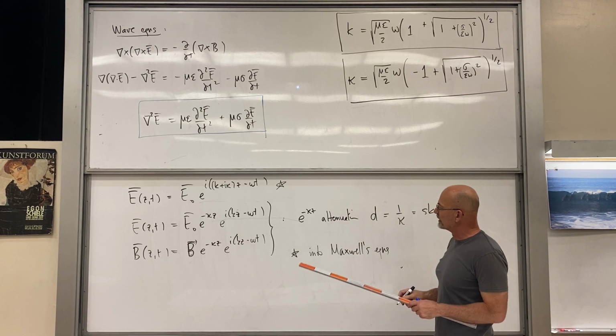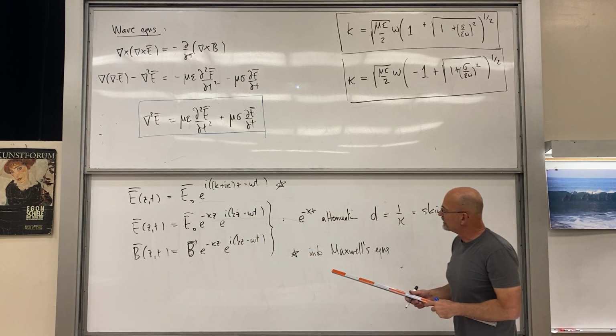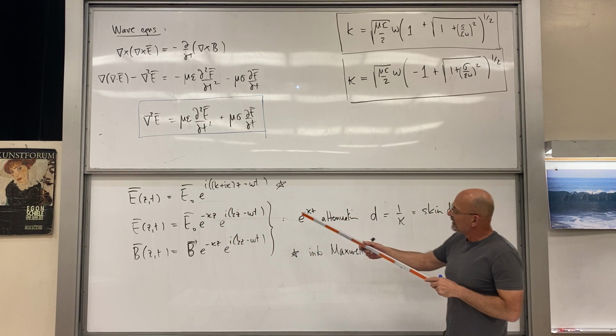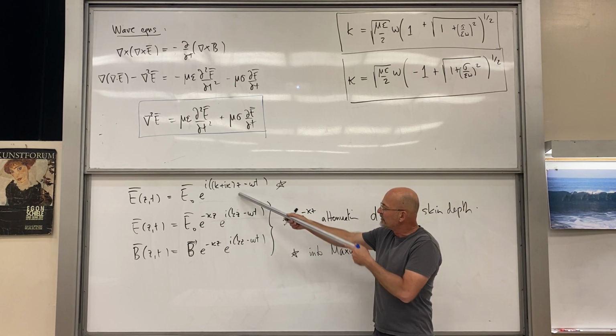So what happens? We're supposed to have divergence of E vanishes. Now there is no x and y dependence, so it's only the z component.